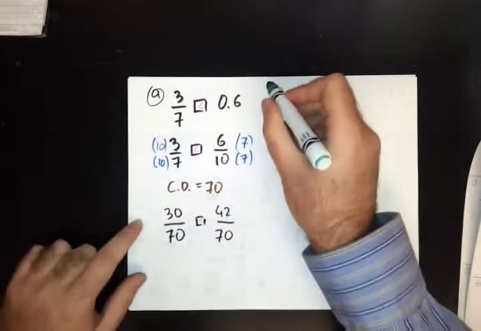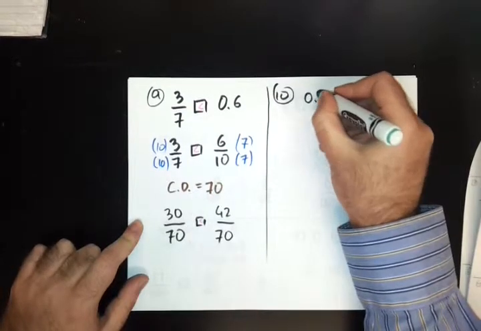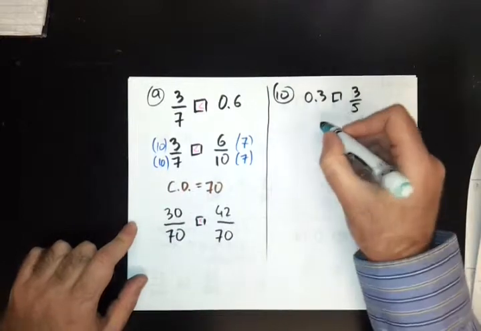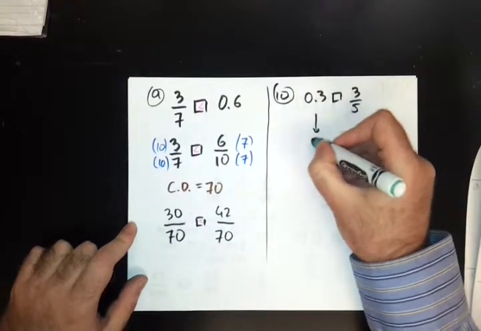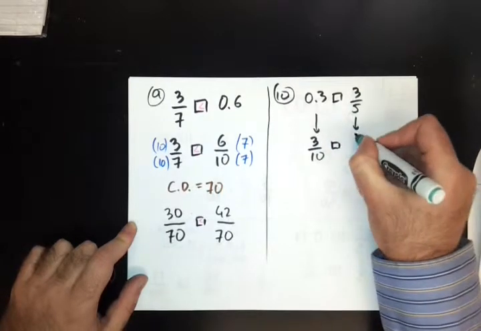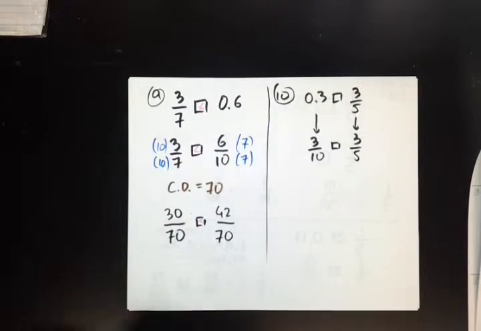Alright, next up is 10. I have 0.3 and 3 over 5. Convert this into a fraction. This just comes down. Common denominator, method 2 here.